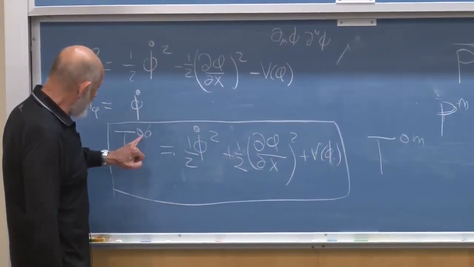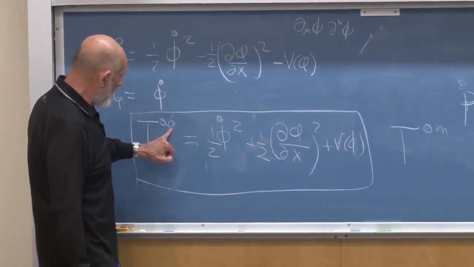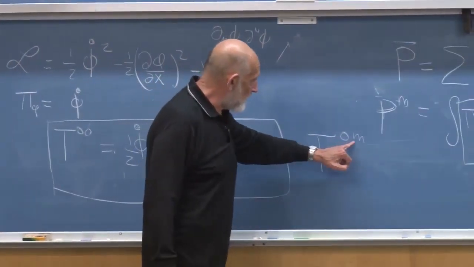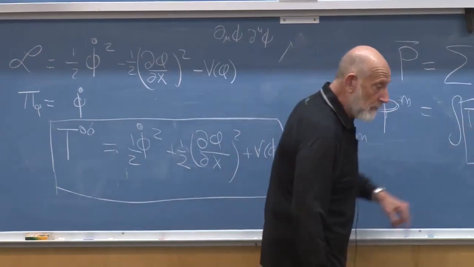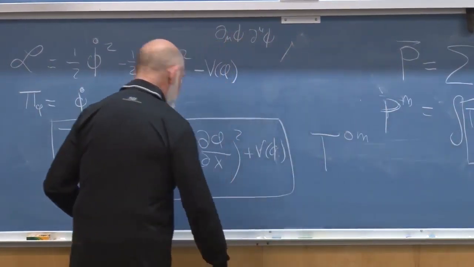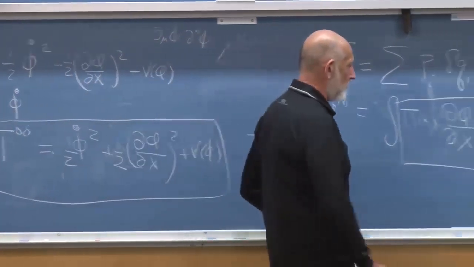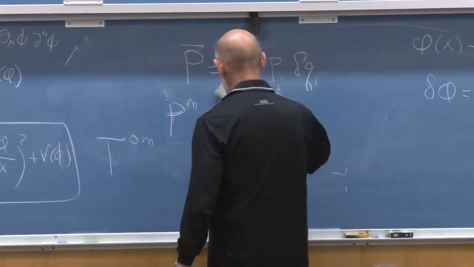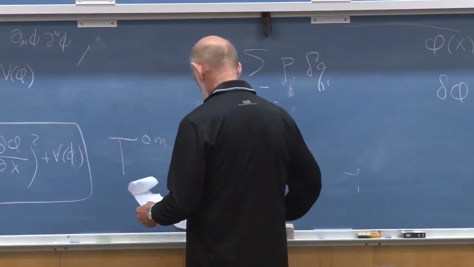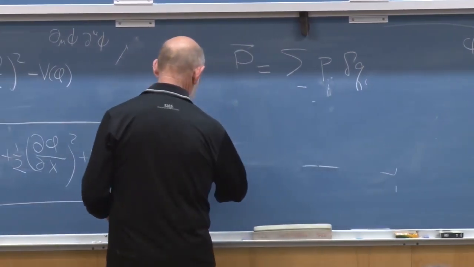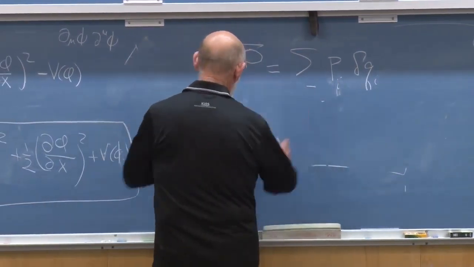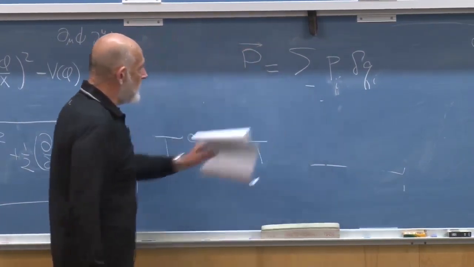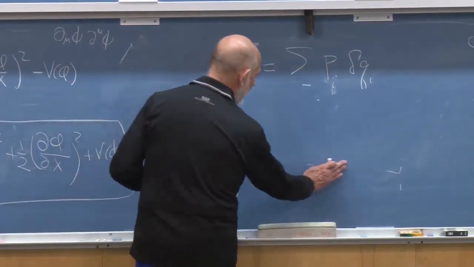T00, that's the density of energy, density of the time component. T0m, that's the density of the space component of momentum. And we can write it down now. It's equal to pi sub phi, pi, times the derivative of phi with respect to x.